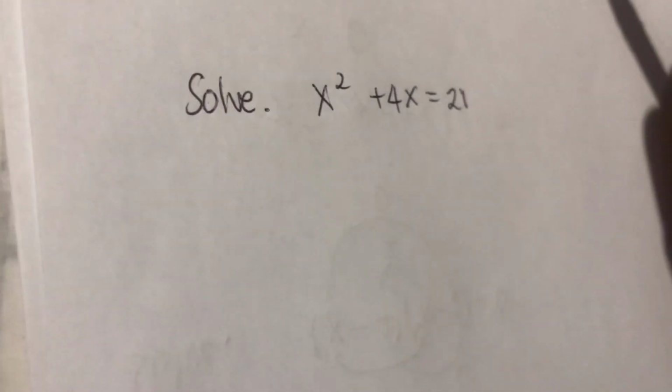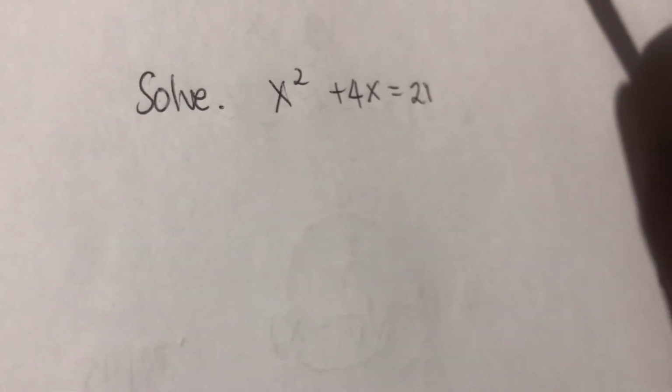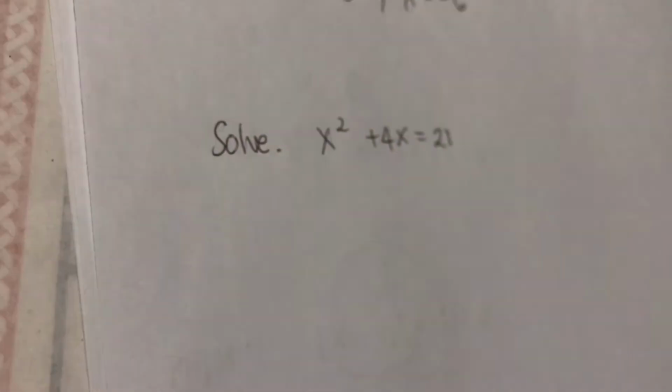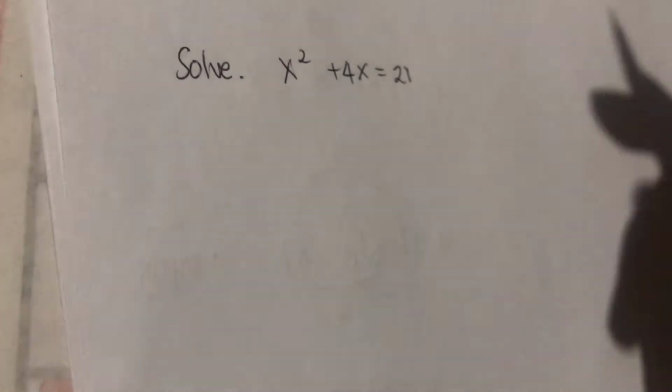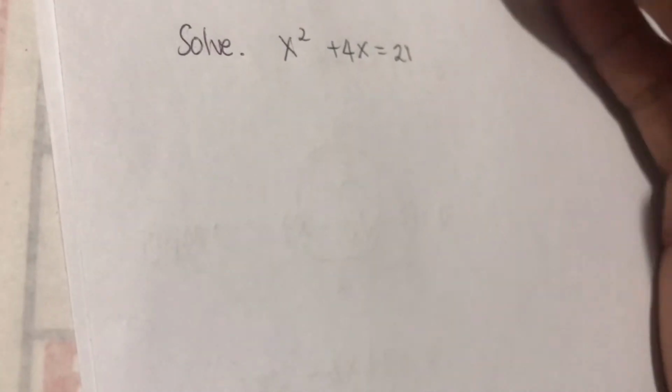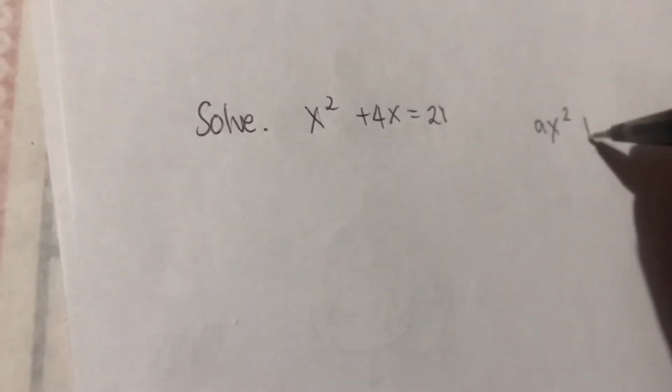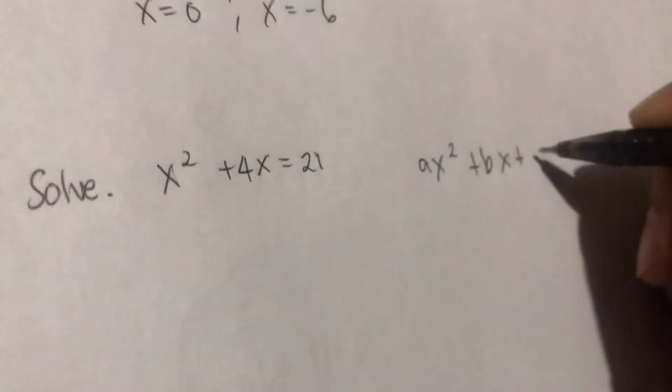Another example, we have x squared plus 4x is equal to 21. So, ang una natin gagawin, we need to transform this in standard form ax squared plus bx plus c equal to 0.